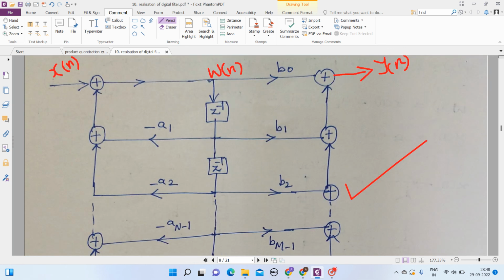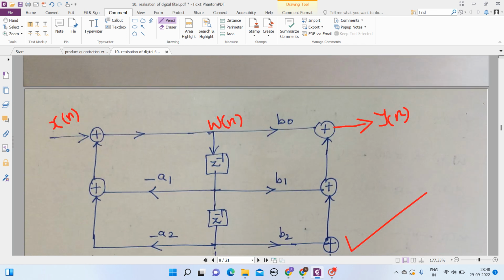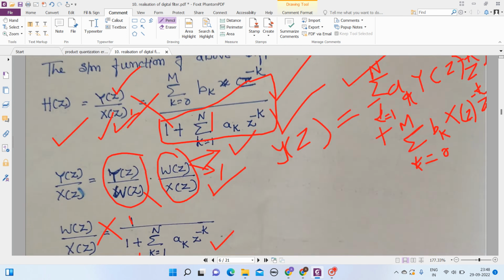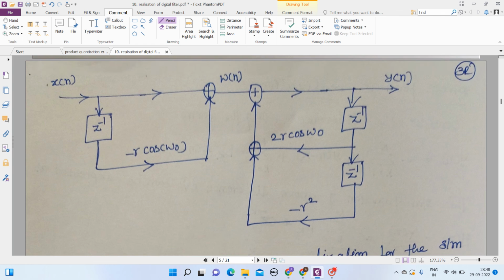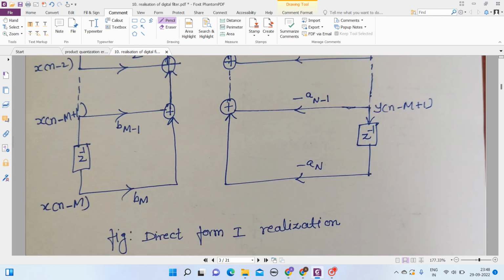I said the direct form 2 structure is better than the direct form 1 structure, because here the memory element requirement is very less. In the direct form 1 structure we need m plus n plus 1 memory elements, you know very well.